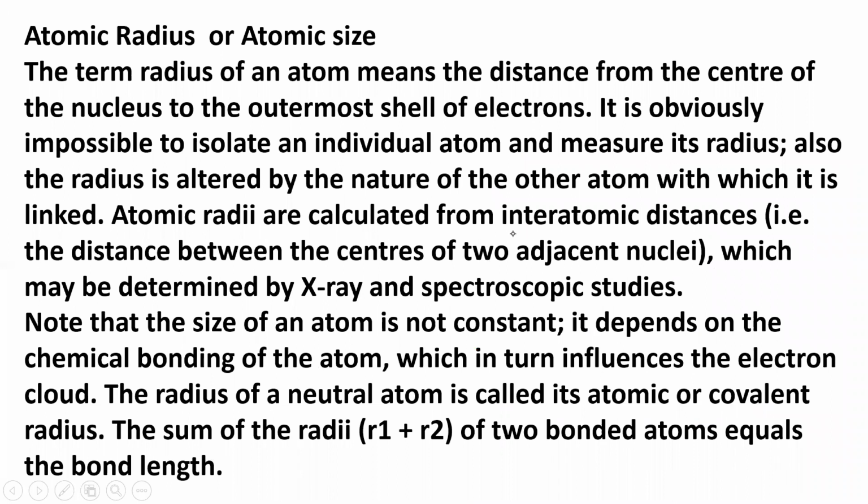The term atomic radius of an atom means the distance from the center of the nucleus to the outermost shell of electrons. It is obviously impossible to isolate an individual atom and measure its radius. Also, the radius is altered by the nature of the other atom with which it is linked. Atomic radii are calculated from interatomic distances, very, very important, because the atom itself is very small.